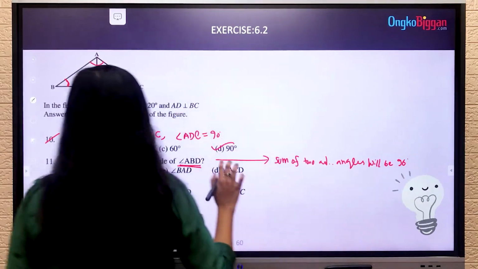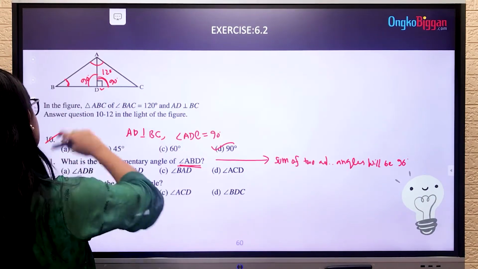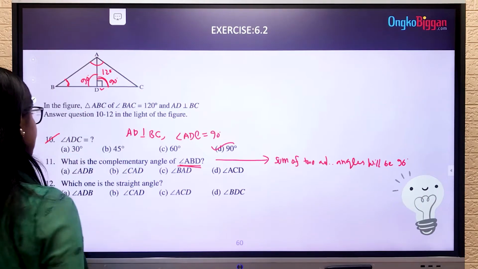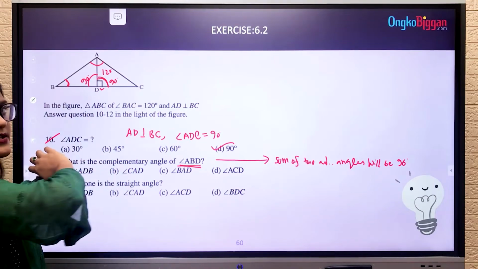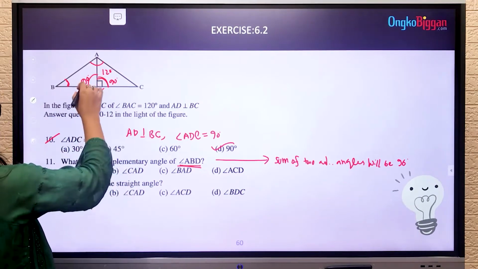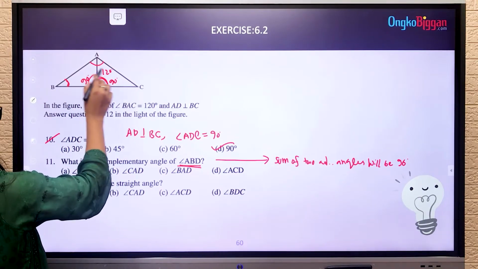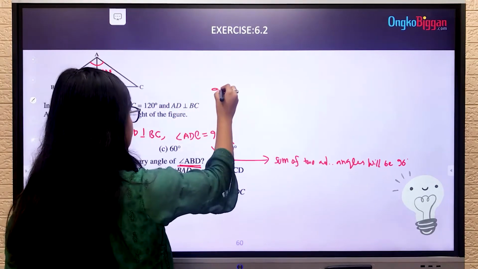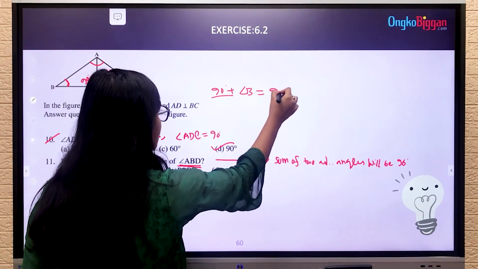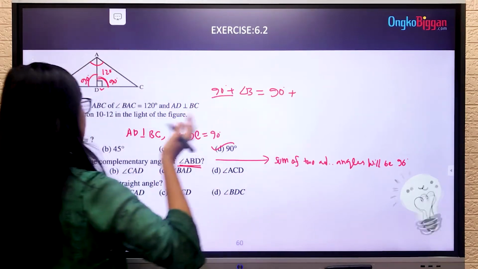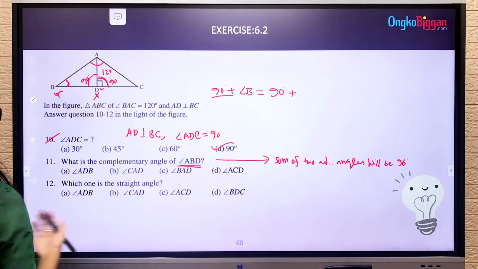If you look at the picture, there is a triangle called ABD. Angle A and B are adjacent to each other, lying on the same straight line. But this angle itself is 90 degrees, so if we add another angle, it will be 90 plus something, greater than 90 degrees. So angle B and angle D can't be complementary to each other.